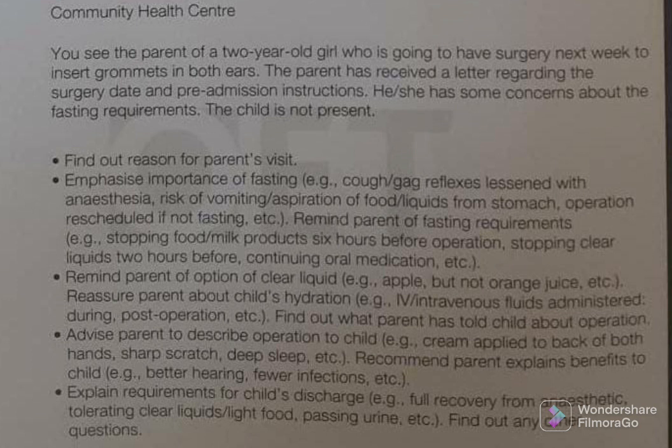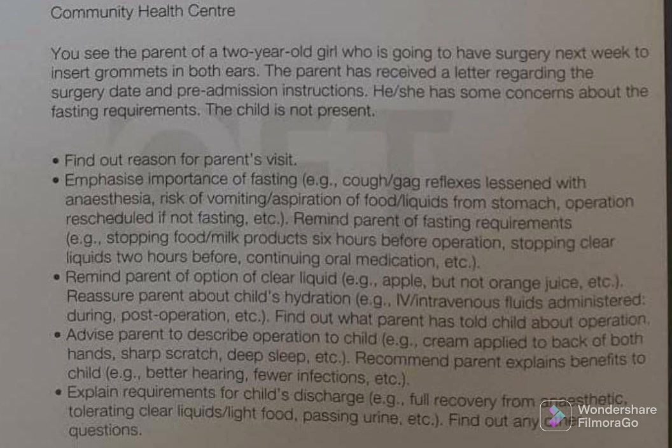So how we can tell: okay, Wilson, in this age group, this surgery will be overwhelming for her. So you can just describe the operation, like you can tell that inside the operation room they will apply cream to the back of her both hands and there will be a sharp scratch. She will go to sleep, she can have dreams, something like that, and after the operation she will be perfectly all right.